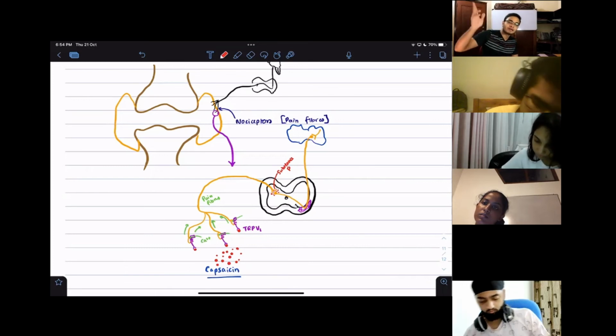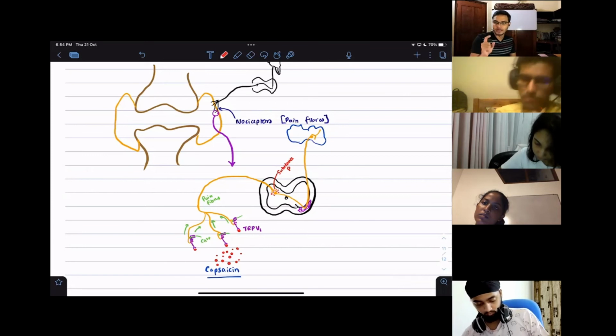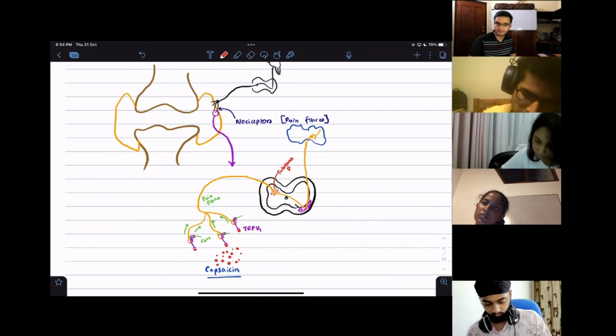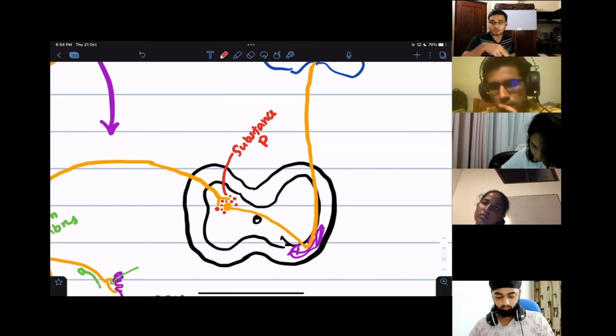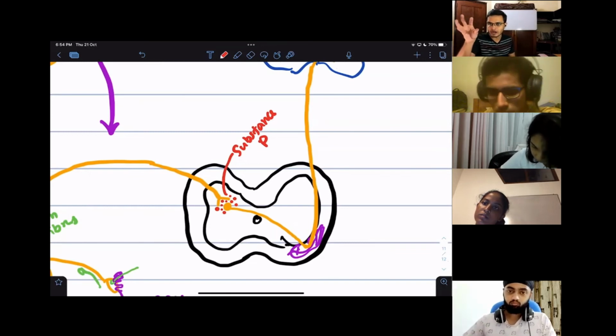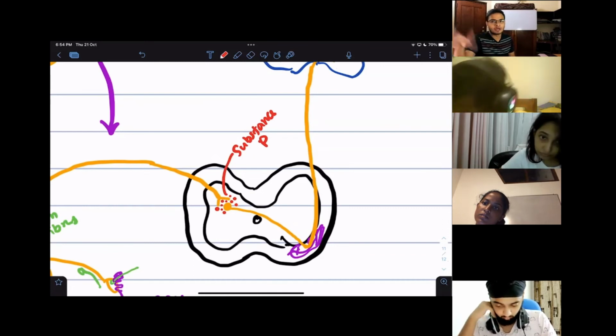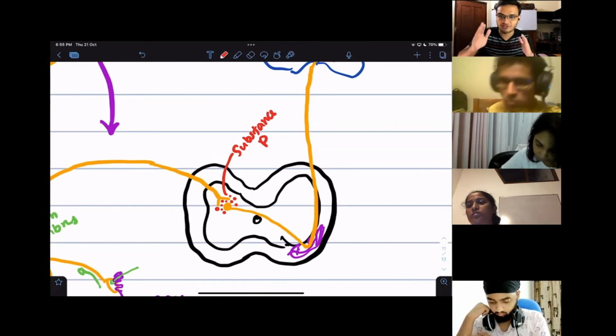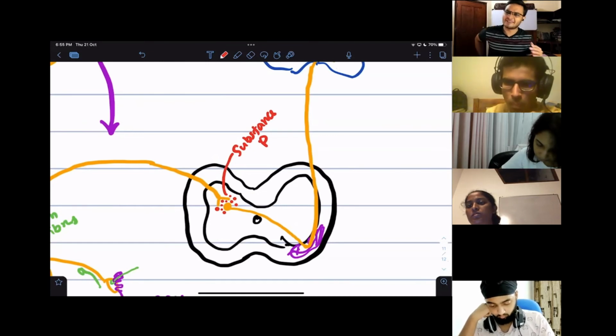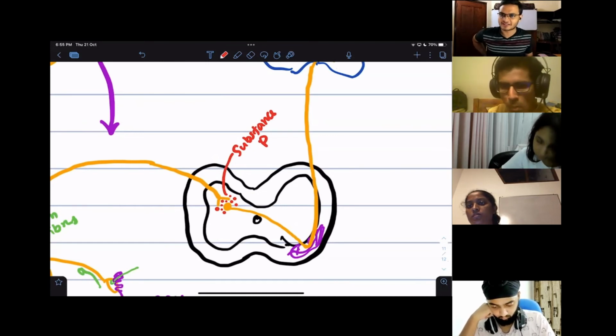They will start firing impulses of burning pain through the pain fibers. And substance P will be produced a lot, because locally you are applying the cream. Initially, what does the patient feel when he applies the cream? He feels it's burning.